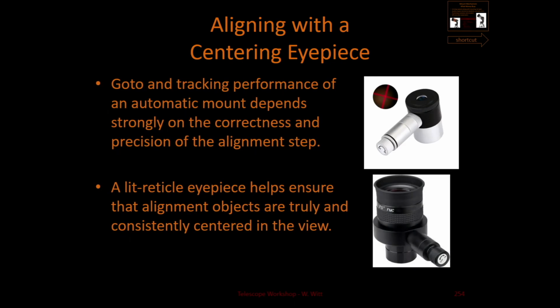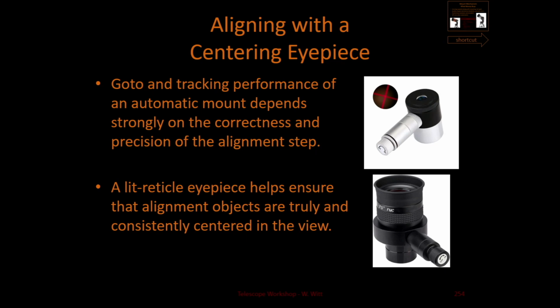We mentioned centering eyepieces briefly earlier, and this is where they come into play. When you're aligning a telescope mount, we said you need time, place, and a couple of reference stars. You want to center each reference star as accurately as possible, ideally perfectly in the center of your eyepiece. But what's the center?